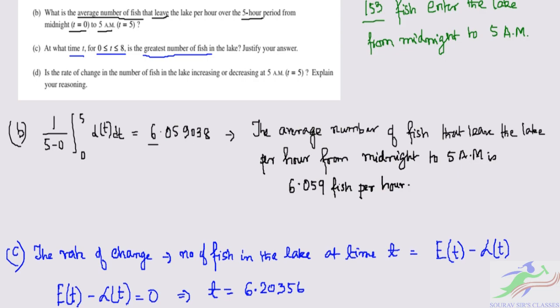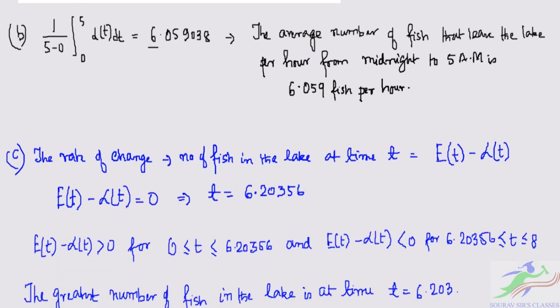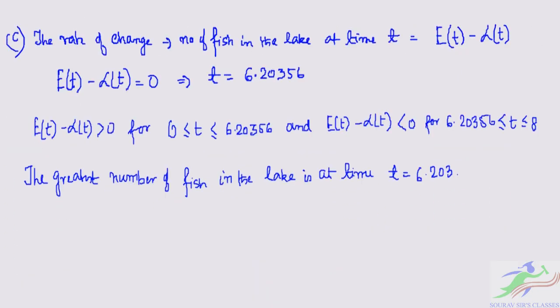Now the last one, that is part D. It is asking whether the rate of change in the number of fish in the lake is increasing or decreasing at 5 a.m. Explain your reasoning. Okay, so after solving the question, we will see where the scoring points will be, how to earn the scoring points.